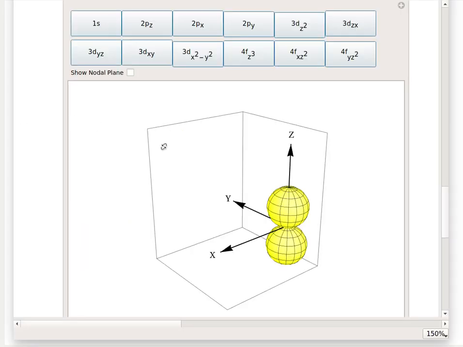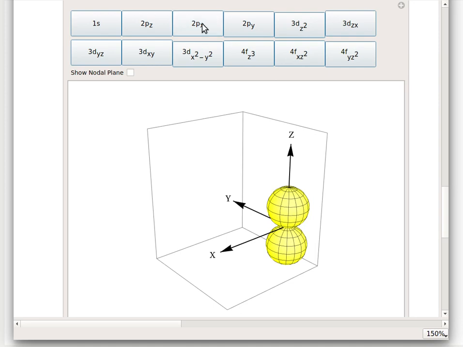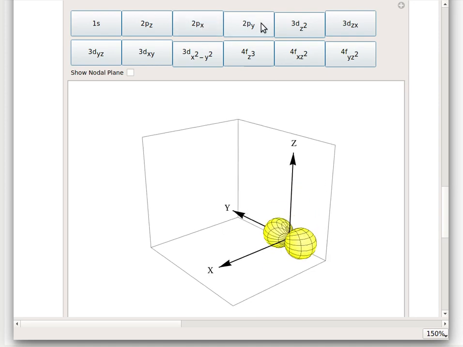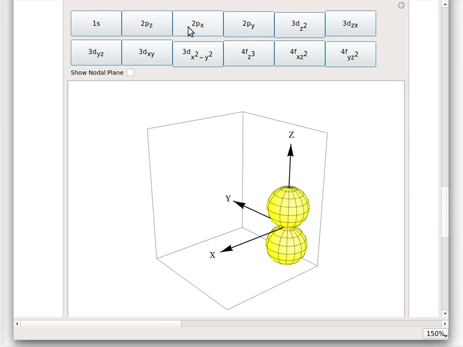So to get an appreciation for what I'm talking about here with these p orbitals, again, we have three of them, a pz, px, and a py. Okay? Now notice, what I'm plotting here are the three different p orbitals, and the nucleus, right? Where that nucleus is situated is right there where all three of these axes come together.